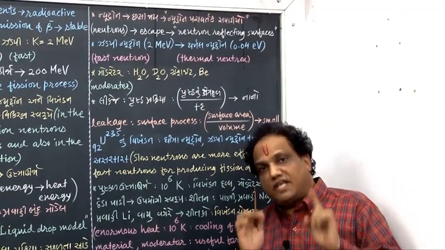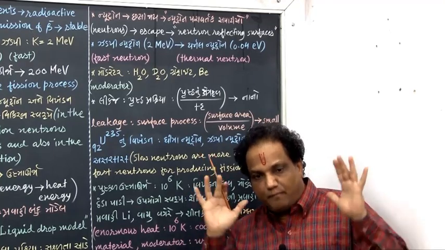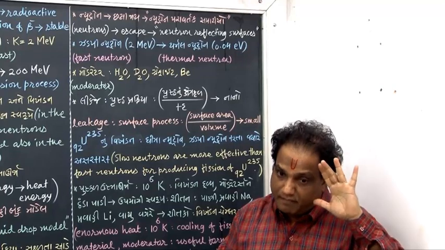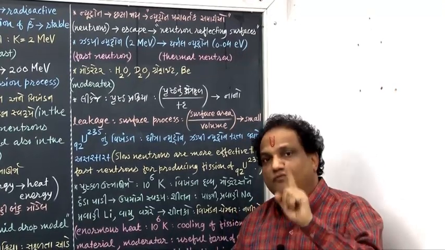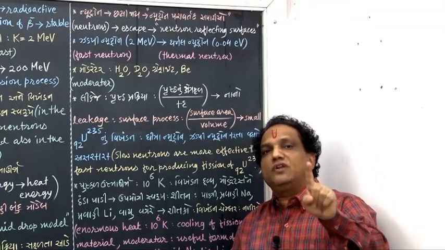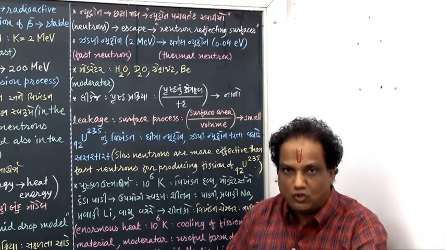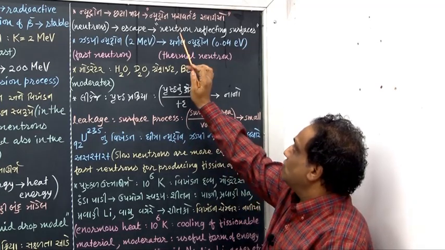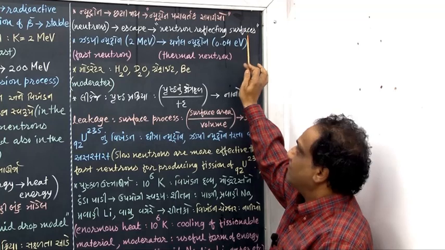For that, it is necessary to reflect them back towards the fissionable material. In order to do that, we use proper reflectors, which are called neutron reflecting surfaces. So we must use proper neutron reflecting surfaces.